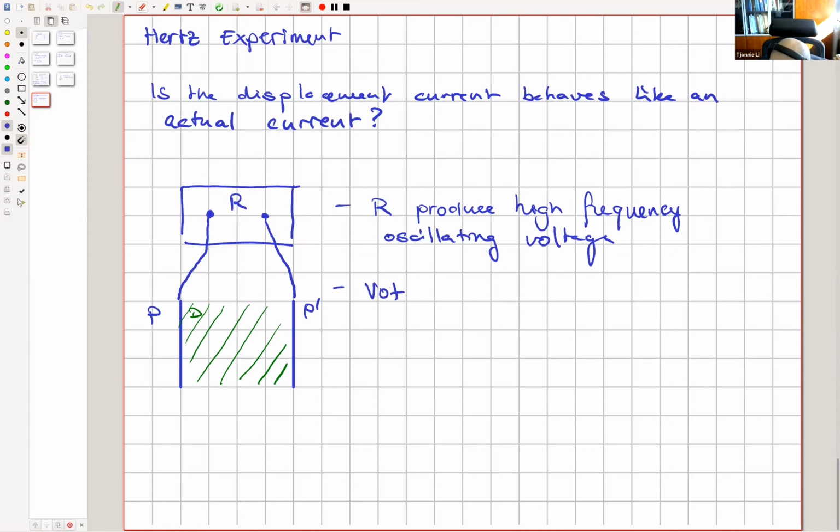So now we have voltage across the dielectric D.